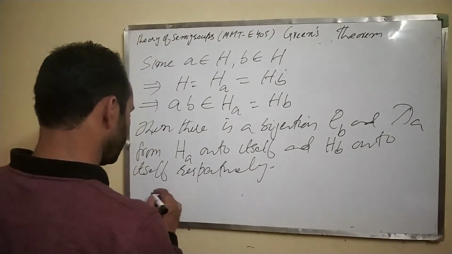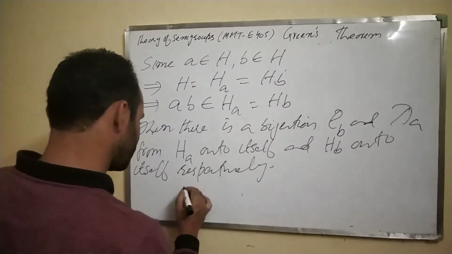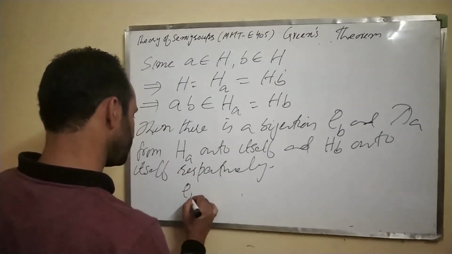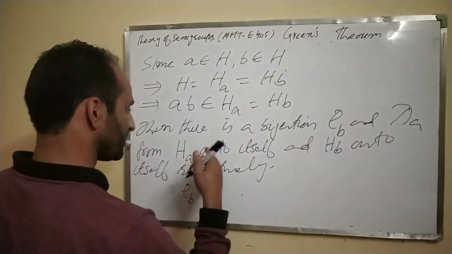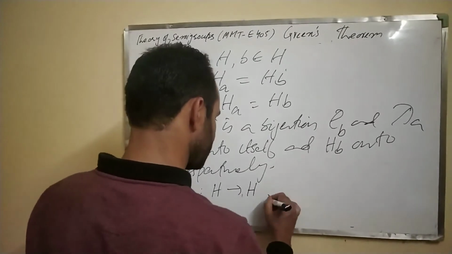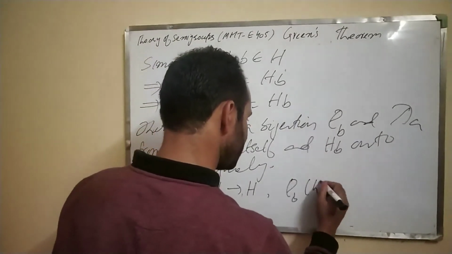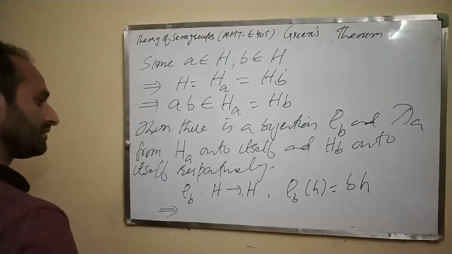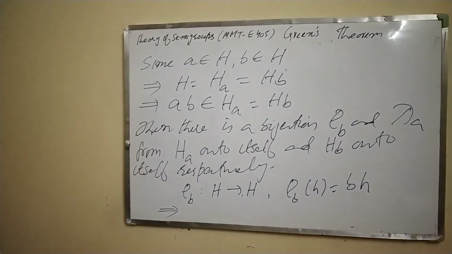Now look at this one, the bijection rho B, which is the bijection from HA onto itself. That is actually H to H, which is defined by rho B of h equal to hB. So in other words, it is a right translation actually.